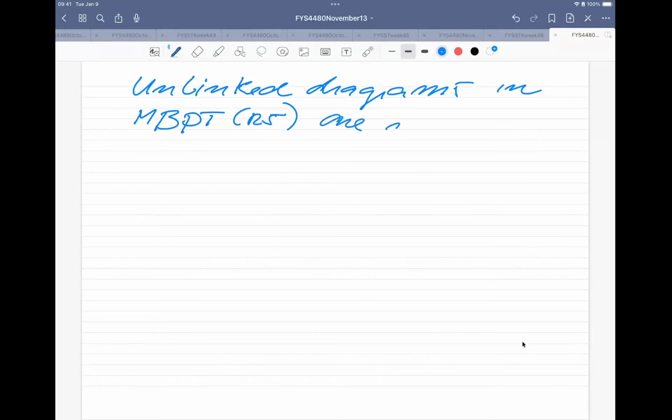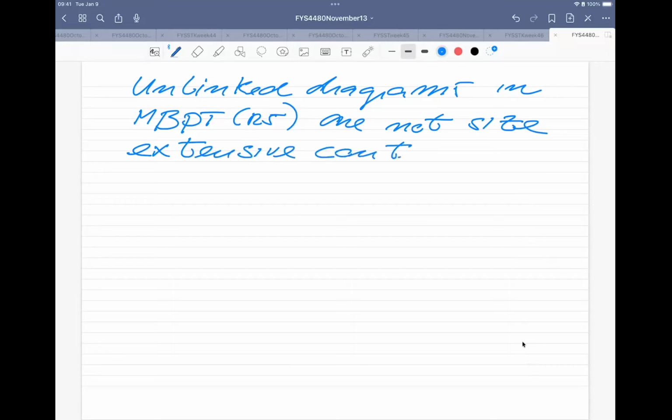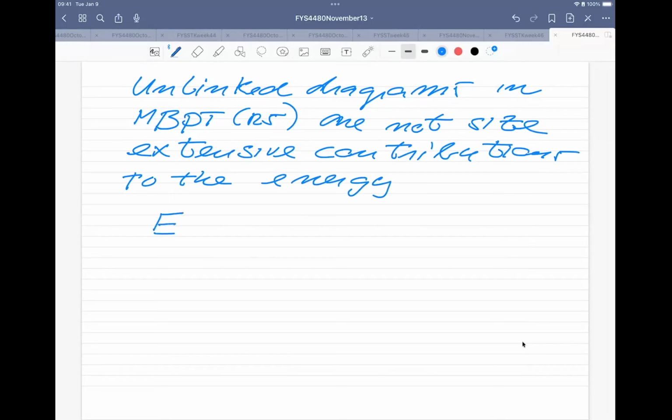They are not size-extensive contributions to the energy. So we are making an assumption with size extensive. It means that we are assuming that the energy is proportional to the number of particles.